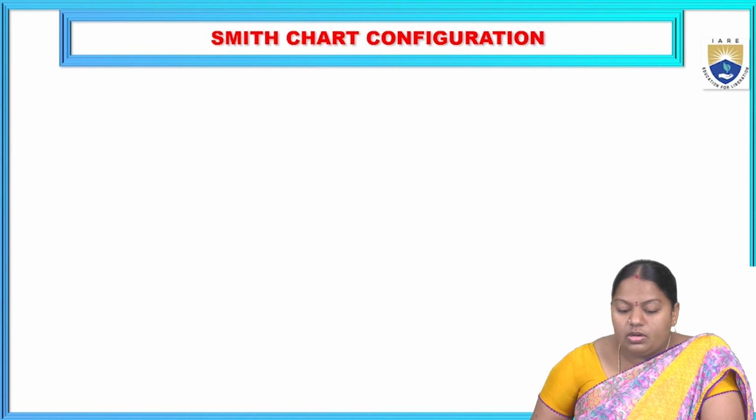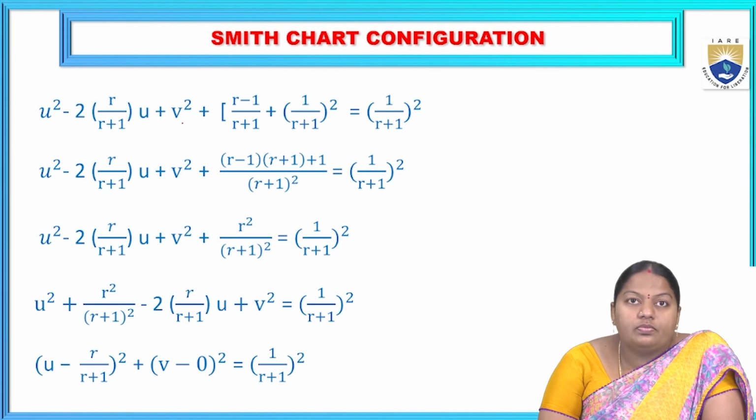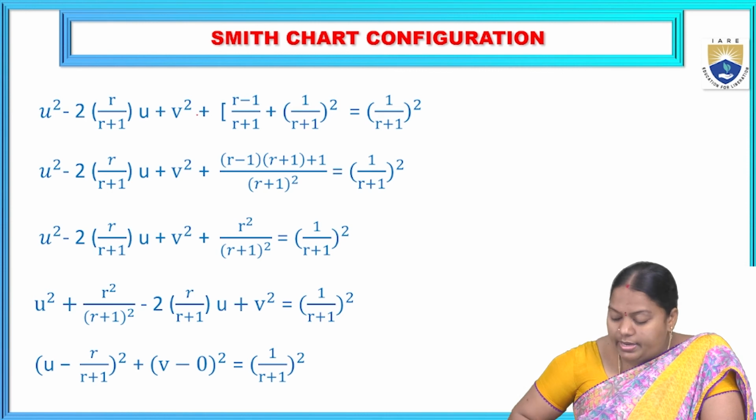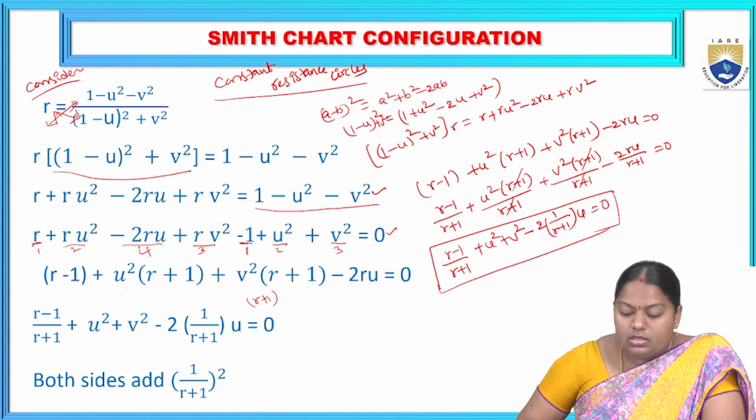Now, u square minus 2 into r/(r plus 1) into u plus v square, plus (r minus 1)/(r plus 1).